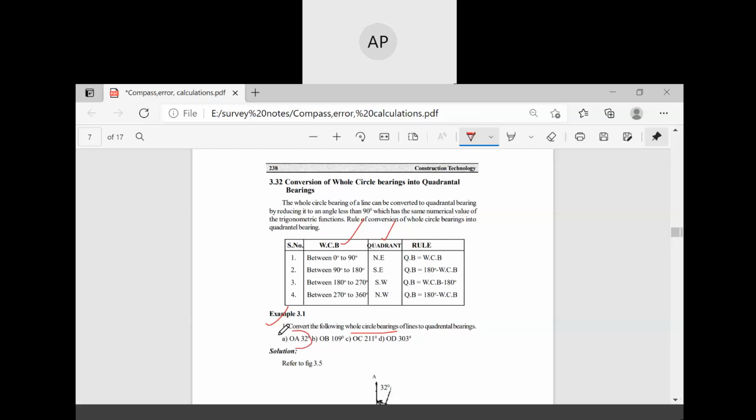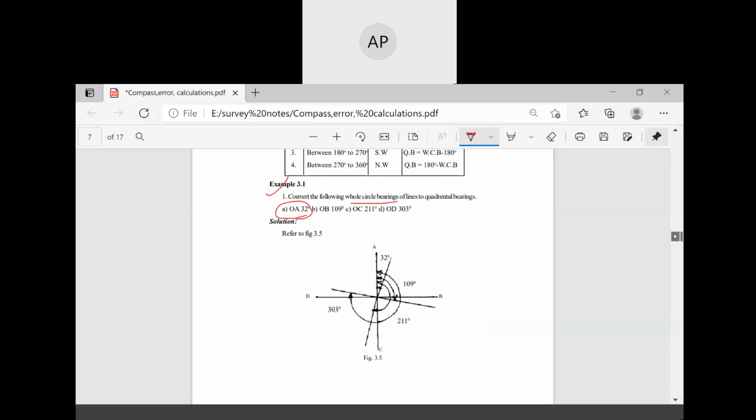OA 32 degrees means this is your O, and this line OA represents 32 degrees in whole circle bearing. You have to convert it into quadrantal bearing.